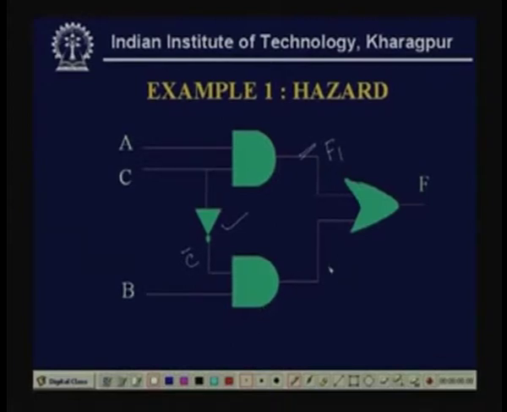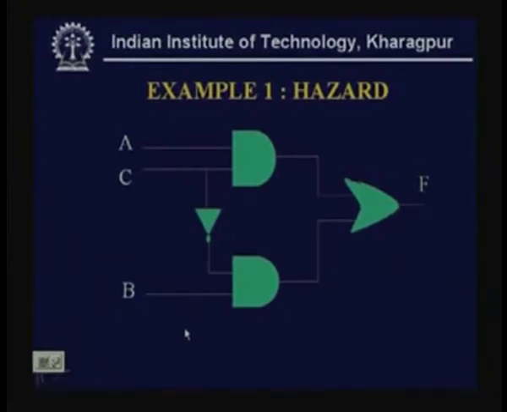So F2 will be there, but think that when F1 is available, that time some signal value is available in this line, that means the second input of the OR gate. Whether it is the correct F2 or not, we will see, and if it is not a correct F2, then it will give a problem, and that we are calling the hazard of the circuit.